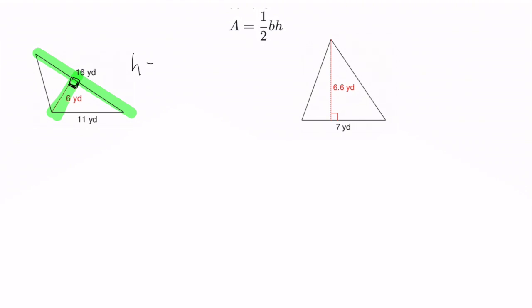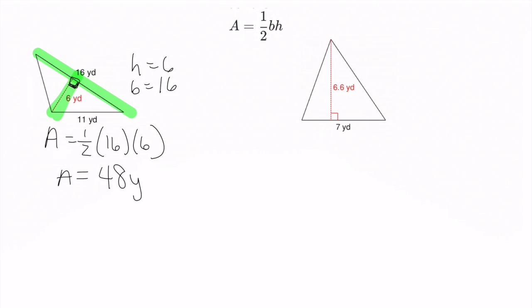So we have a height of 6 and a base of 16. So area equals 1/2 times 16 times 6. So 1/2 times 16 times 6 will give us an area of 48 yards squared.